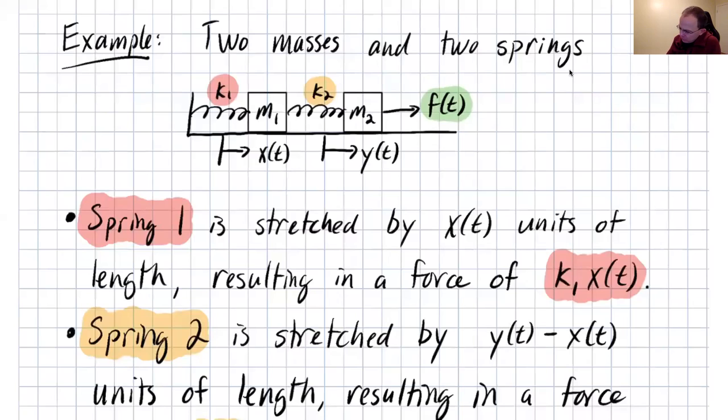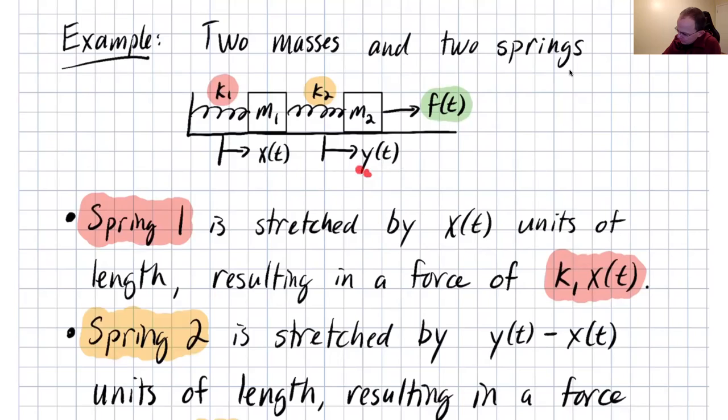Okay, spring 2 is a little bit more complicated. We have to ask ourselves, how much is this spring being stretched? If x of t moves a little bit and y of t moves the same amount, then the spring is not stretched at all. If x of t stays put and y of t moves by itself, so x of t is 0 and y of t is moving to the right, then it'll be stretched by the amount y of t.